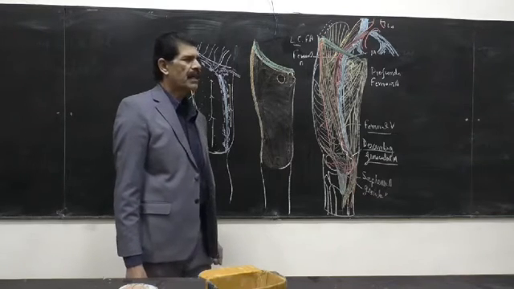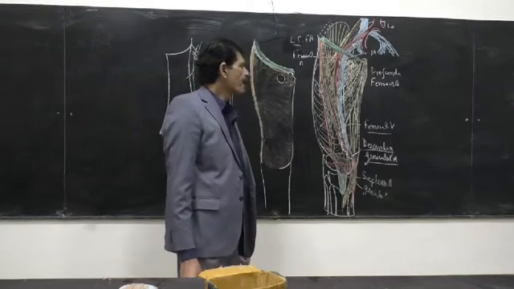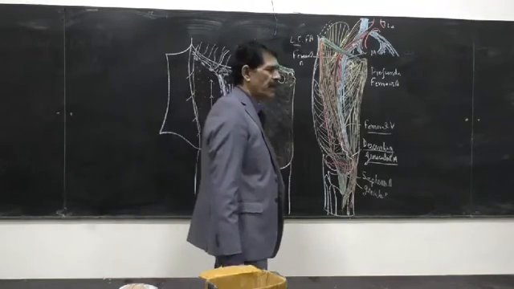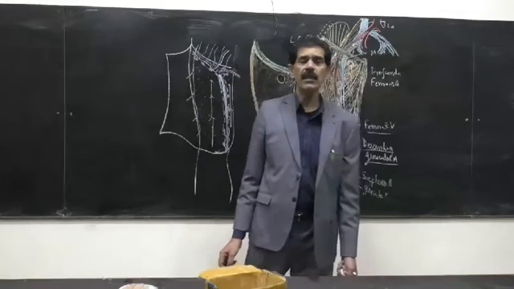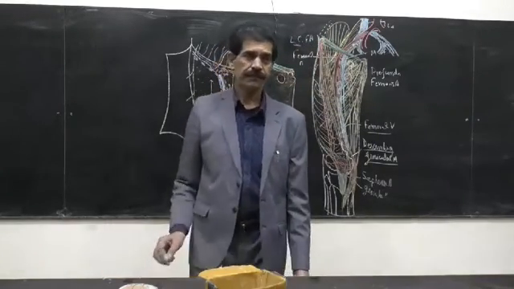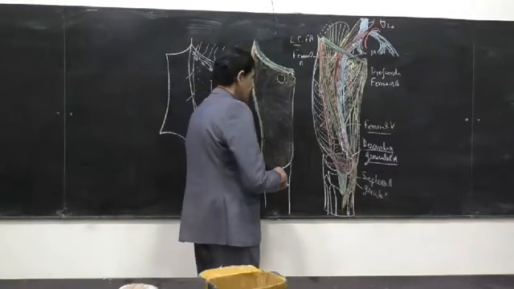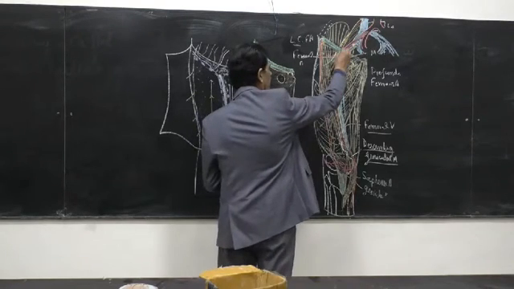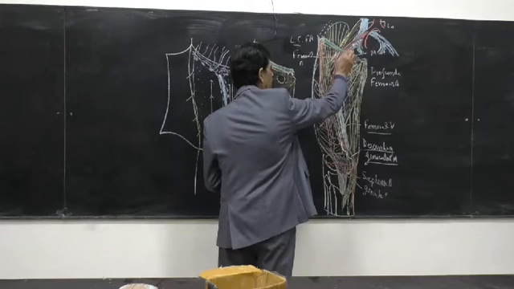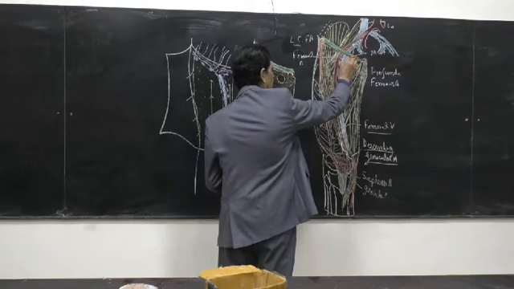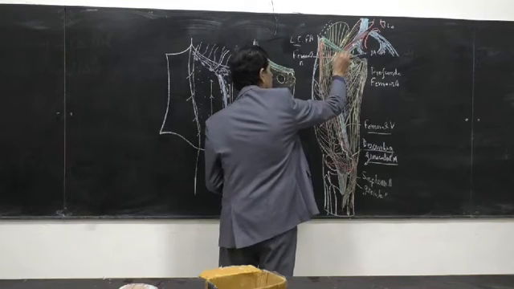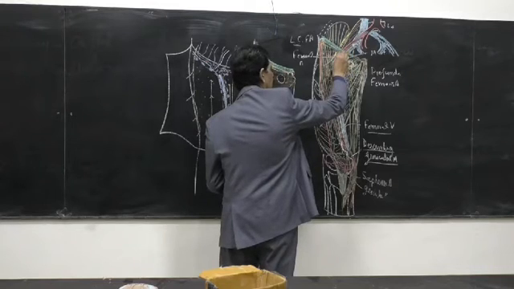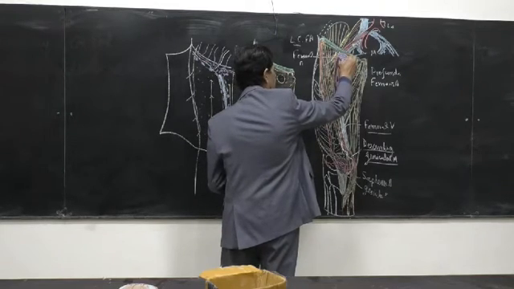Now, as the blood vessels come from the abdomen into the front of the thigh, they drag with them two layers. One is the fascia transversalis and another is the iliac fascia, or fascia iliaca. And the upper 3 centimeter of the blood vessels, that is the femoral artery and the vein, are covered by these two fascia, iliac fascia posteriorly and fascia transversalis anteriorly.